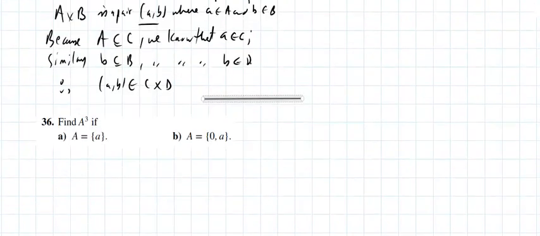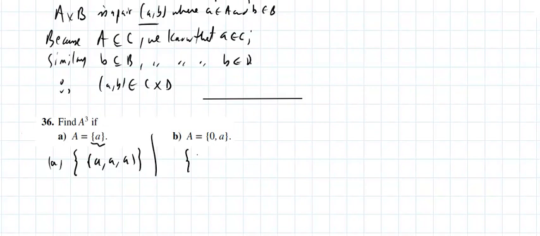Now the last one is number 30. When you cube a set, if it has only one element, that would be the triplet (a, a, a), since there's only one element in it. But here, if you look at that, well, we have two of those. Here we would say, well, that's (0, 0, 0), (0, 0, a).